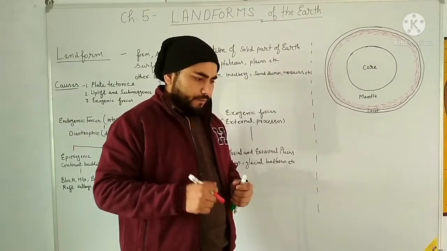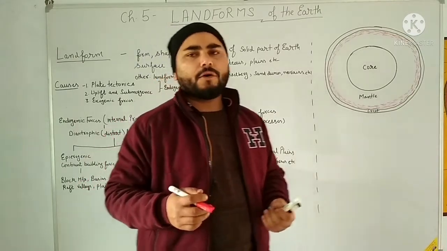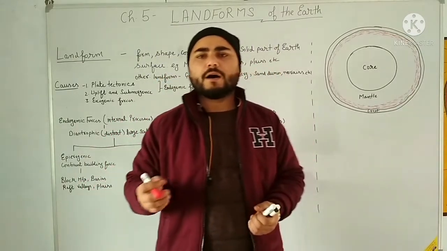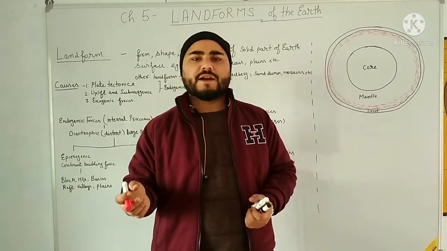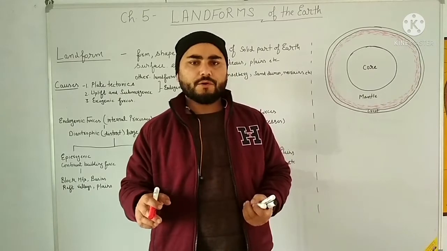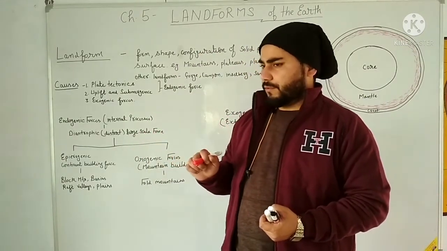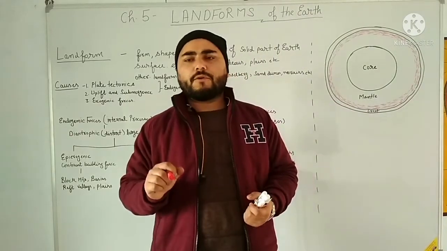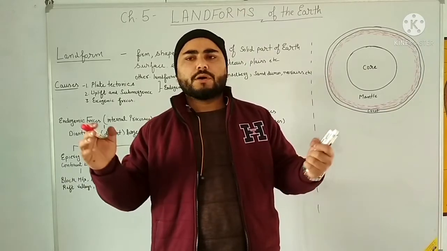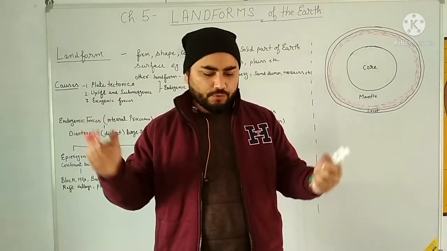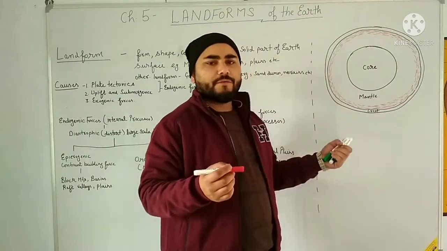Now, in this chapter we will study what landforms are and how these landforms are formed, the causes of the formation of these landforms. We cannot form or move anything without applying force. Suppose, in order to move this marker on the board, I need to apply force on it.